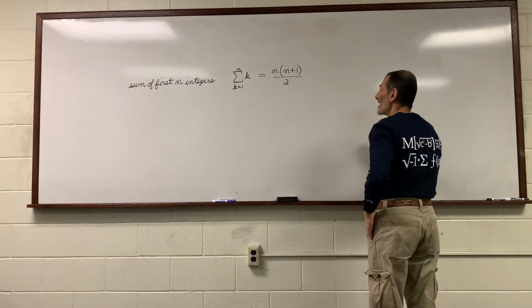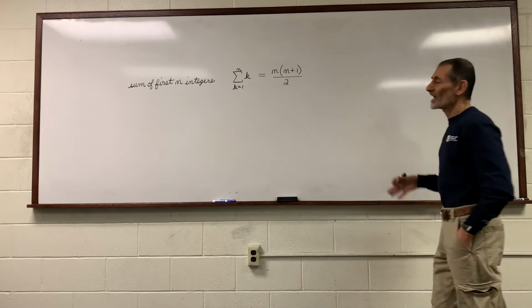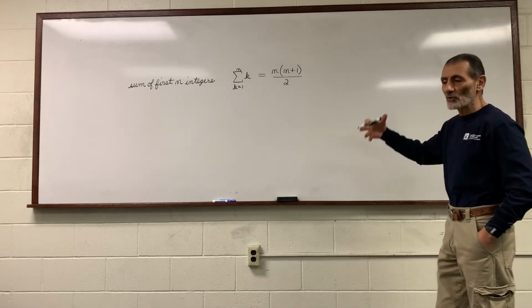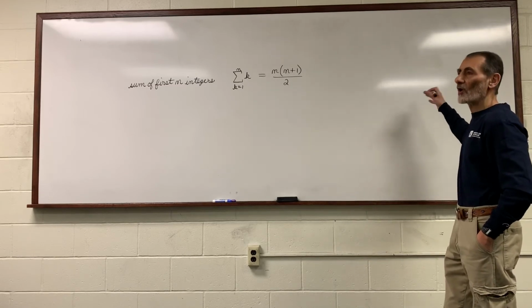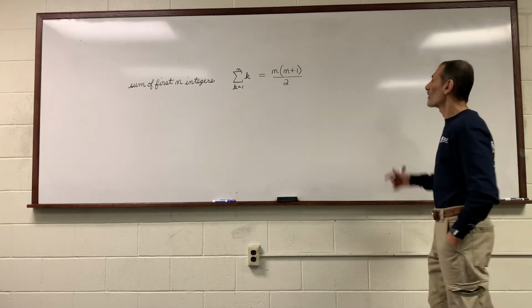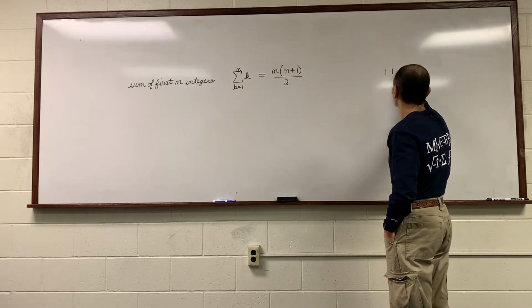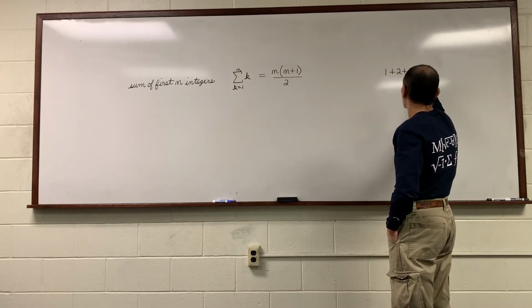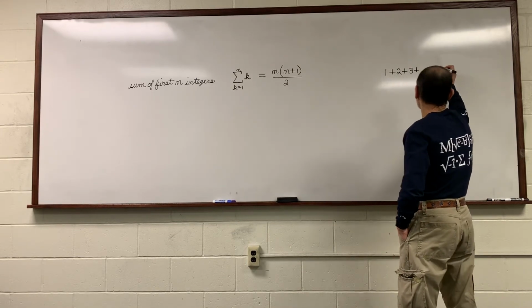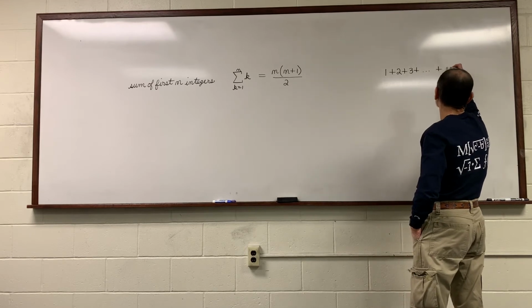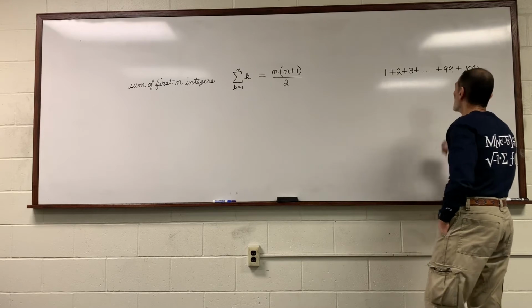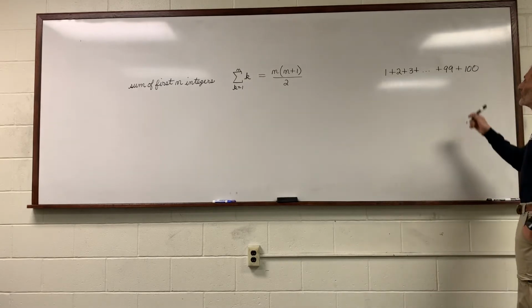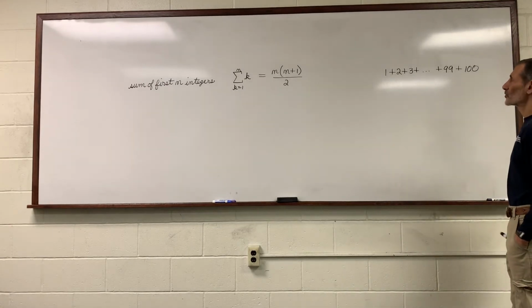The story is that the teacher said, add up the first 100 integers. 1 plus 2 plus 3, all the way to 100. Gauss saw a pattern. That is, he saw that these 100 integers could be written as pairs.